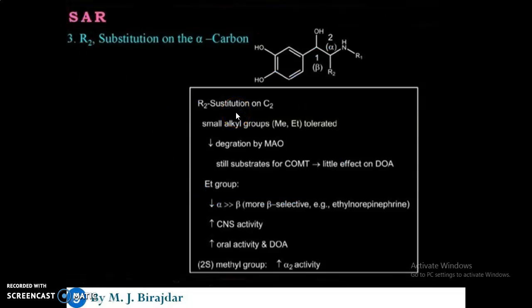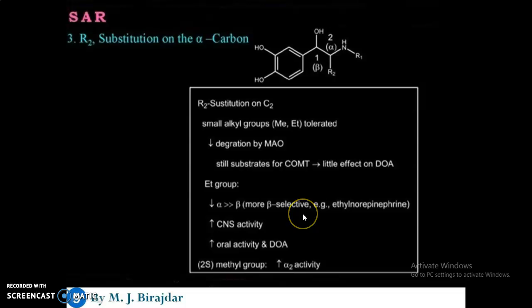R2 substitution on the alpha carbon. This is the alpha carbon. R2 substitution: small alkyl groups, that is methyl, are substituted on the alpha carbon atom. If an ethyl group is substituted, more beta selective activity is shown.